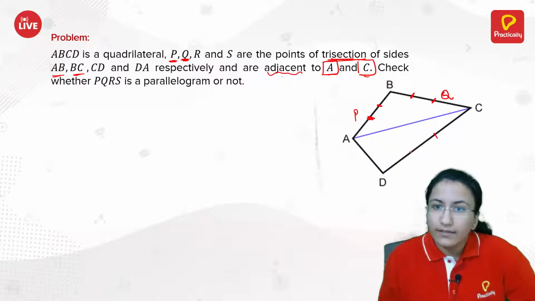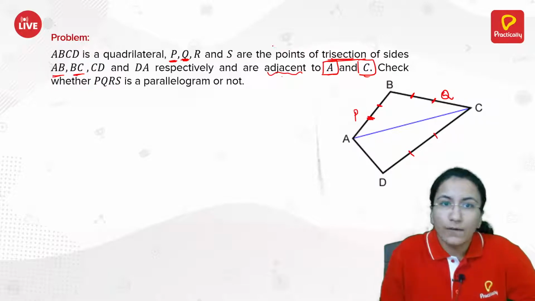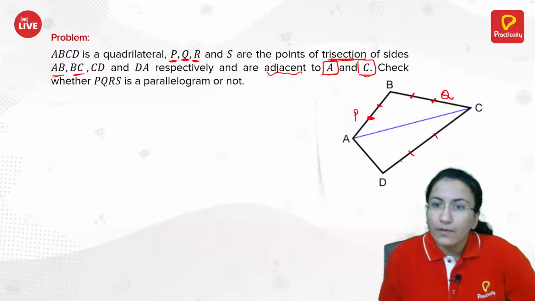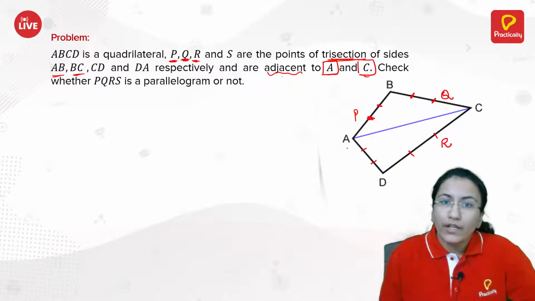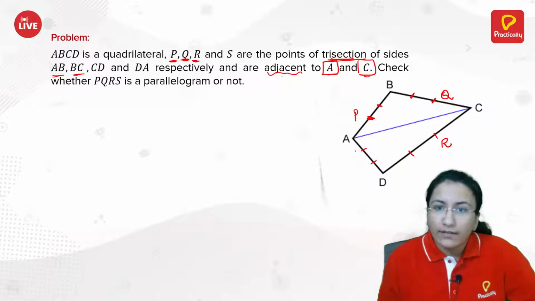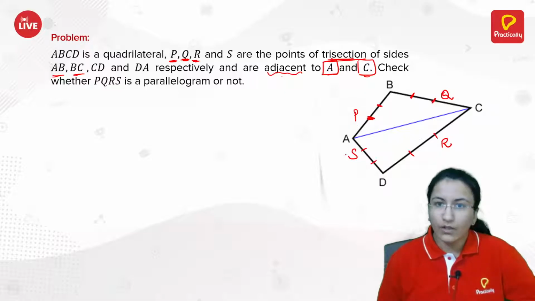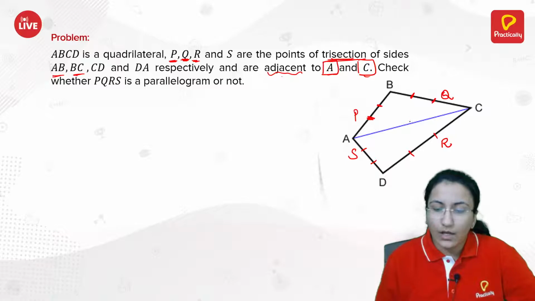Now for CD you have trisection point as R. If you trisect this, you need to be adjacent to C, so this point will be R. Again, if you trisect this, the point closer to A will be S. Got how we have plotted these points P, Q, R and S.